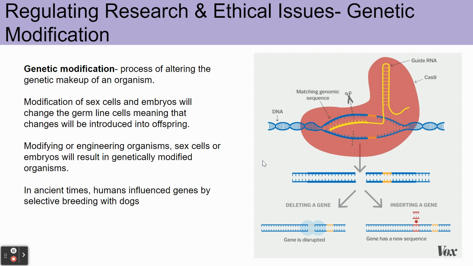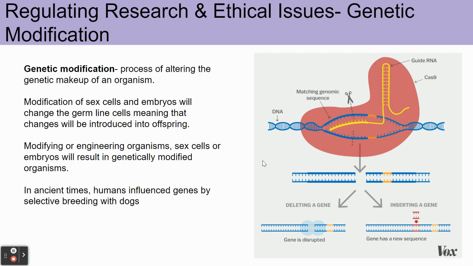In ancient times, this would have been influenced by selective breeding, but the example which we see here is the CRISPR technology that is very prominent in scientific research, and it is harnessing the Cas9 enzyme here. The idea is that if we can manipulate something that bacteria already have, the ability to cut up different genomic sequences, we may be able to delete or insert genes to change different DNA, which will result in genetically modified organisms.